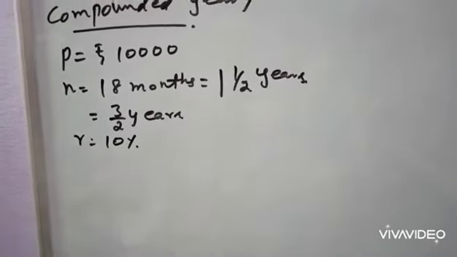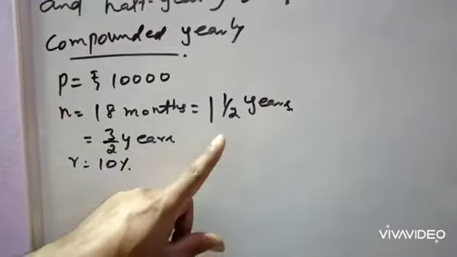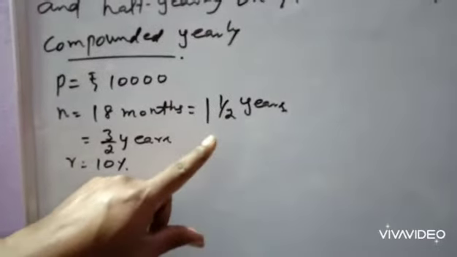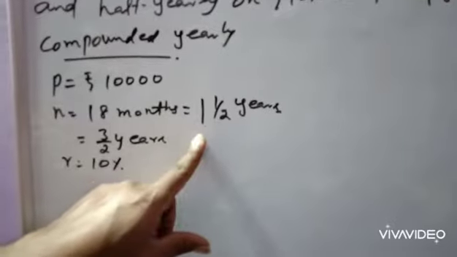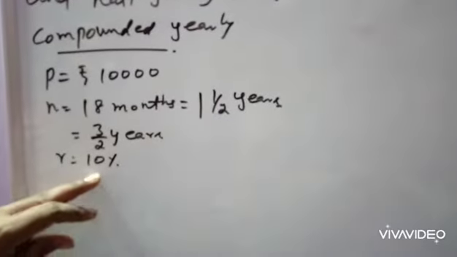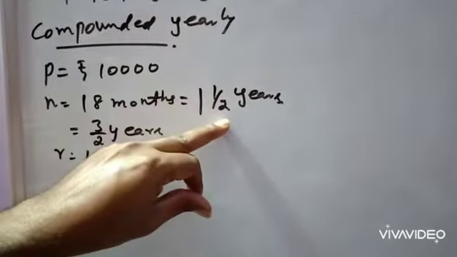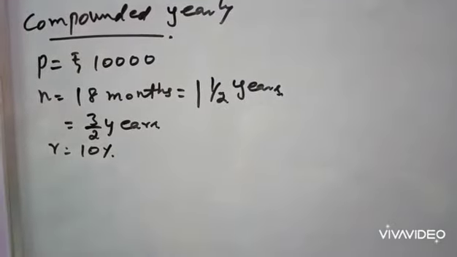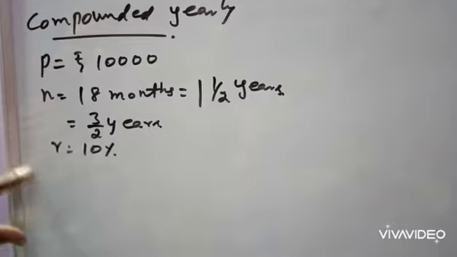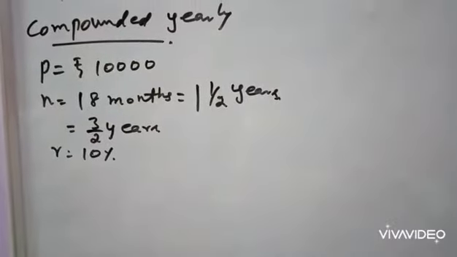So now in this case we have 1.5 years. 1.5 years means 1 full year plus half year. For the full year, the calculation will happen based on 10%. Next, for the half year, the calculation will happen again, so this time the interest is divided by 2. So we are going to apply two formulas to calculate compounded yearly for 18 months.